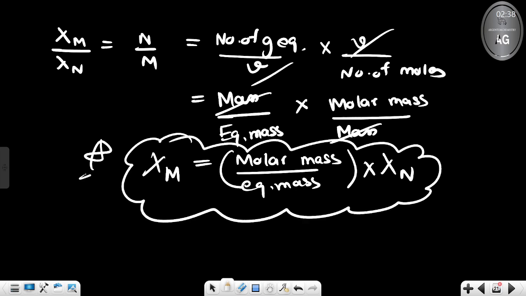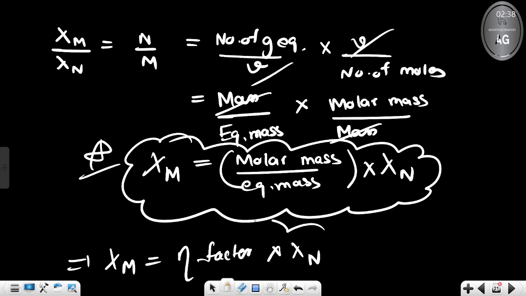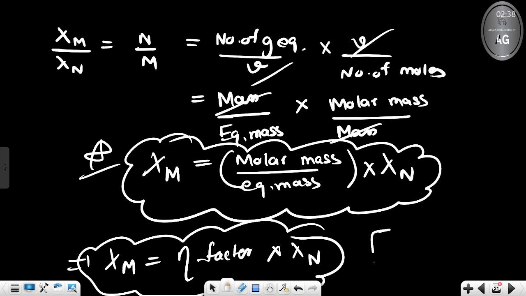A little bit of simplification if you want to do: simply remember lambda m equal to n factor into lambda n. This is analogous to the equation which you use in class 11, that is normality equal to molarity into n factor. In class 11, to find out normality you multiply molarity with the n factor, but here it is opposite.